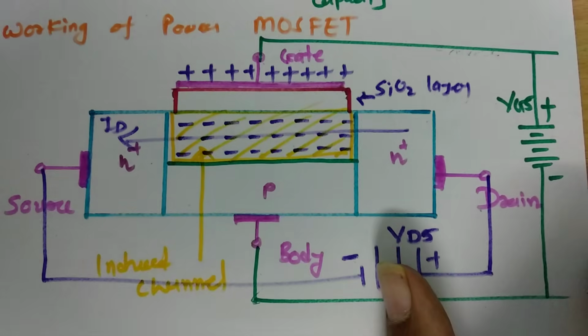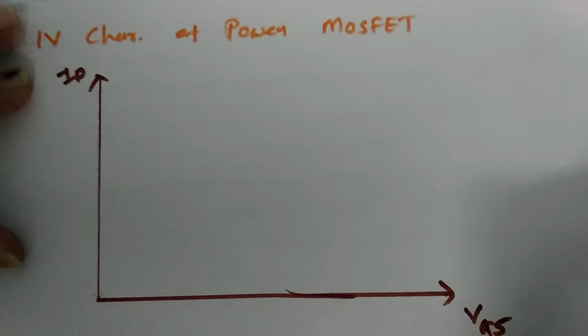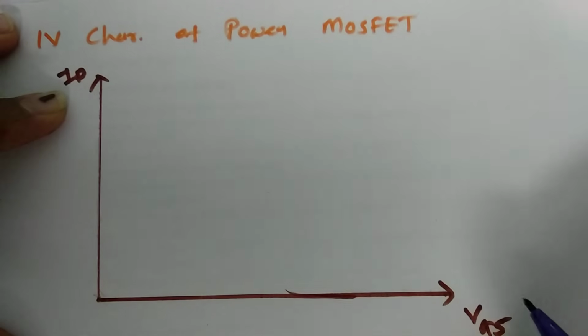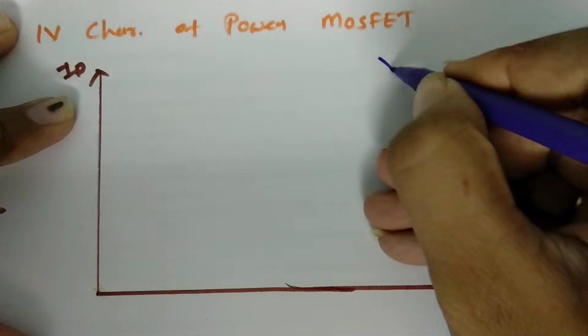Now here let us try to understand what the characteristics of power MOSFET will be. So first I'll be explaining the transfer characteristic, that is the VGS versus ID characteristic.